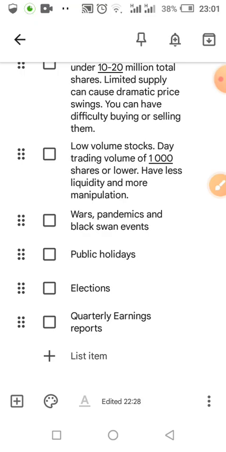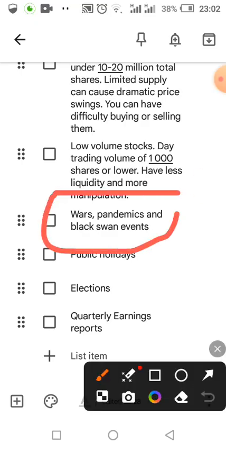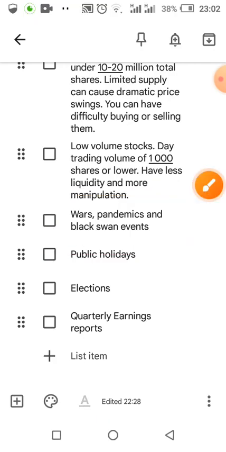And also even pandemics, like when we had the COVID pandemic, the markets were affected to the point where you actually were not supposed to trade. So any worldwide pandemic which will affect a lot of countries is a time you will not want to be trading.